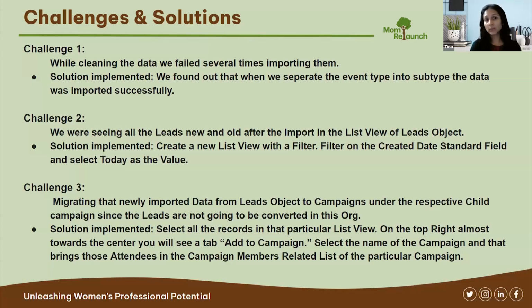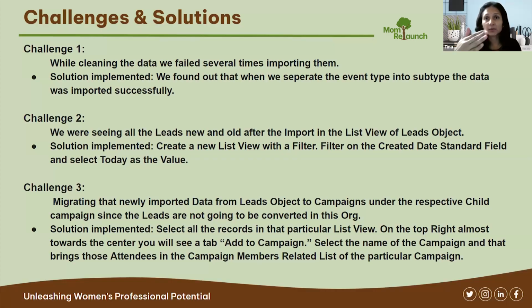any leads that were created on today's date, I just need those leads. So based on that, once we have those leads, we were selecting all those leads, and then comes our third challenge. Now, how do we move them into that respective trial campaign? So on top, when you're in the leads, you will see that there is a tab that shows Add to Campaign. So you select those leads, and then you click on the top right side where you see Add to Campaign.